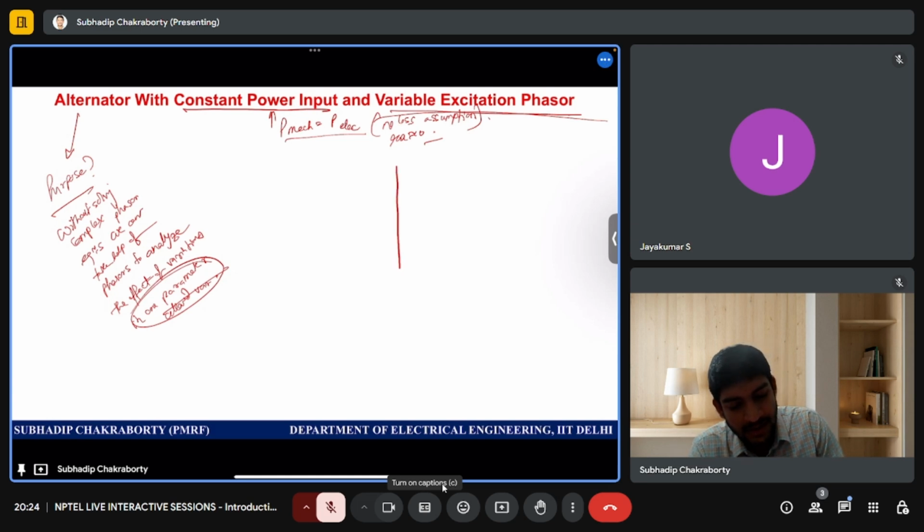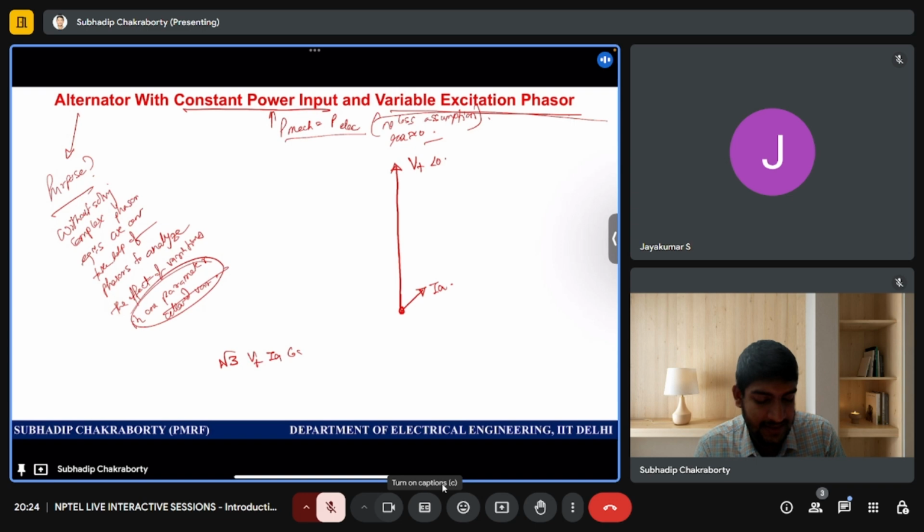So what you do, you just draw VT, first step, and start with a lagging load. Now what is root 3 VT IA cos phi? It is power. But in phasor we do per phase. So let us see, P proportional to VT IA cos phi.